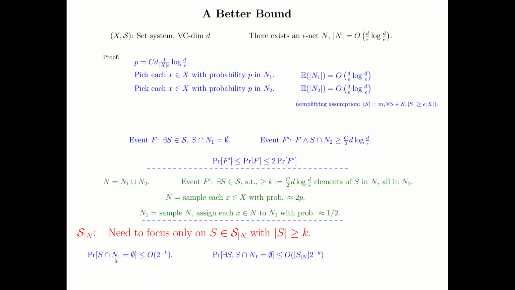In other words, S has k elements from N, and all of these k elements must be assigned to N2. This means this probability is going to be 2 to the minus k. Since this probability of 1 over 2 is approximate, we're going to have O notation here.